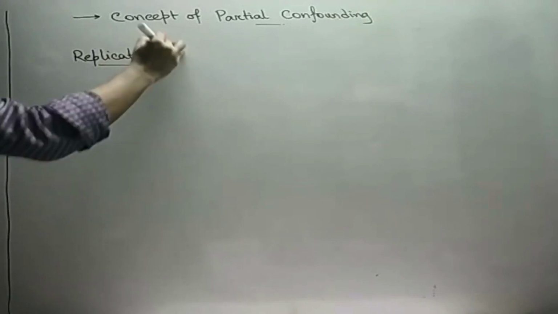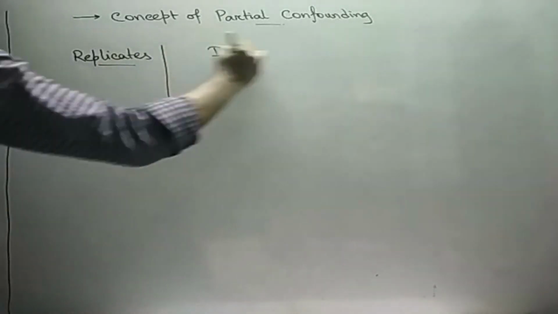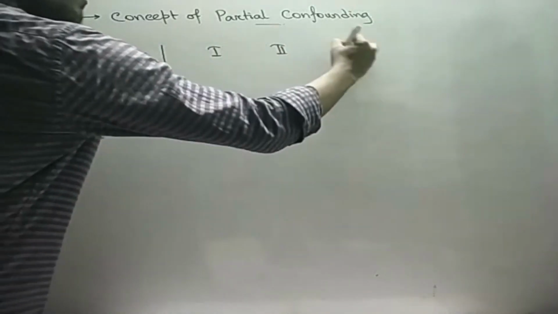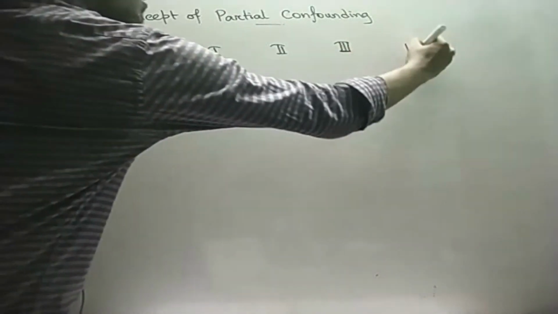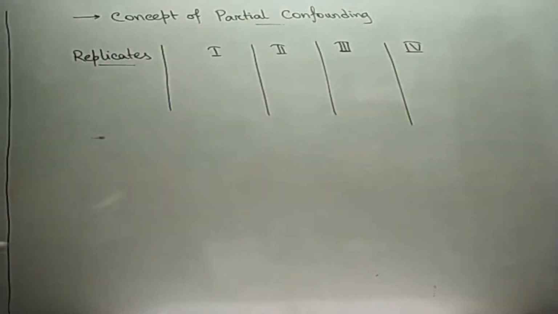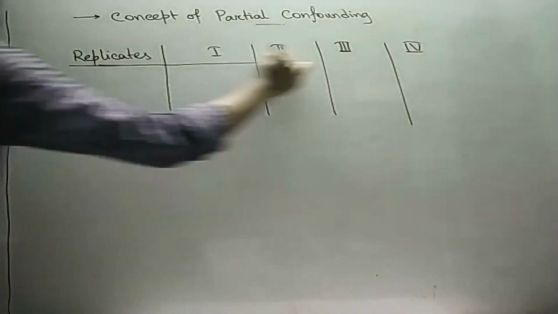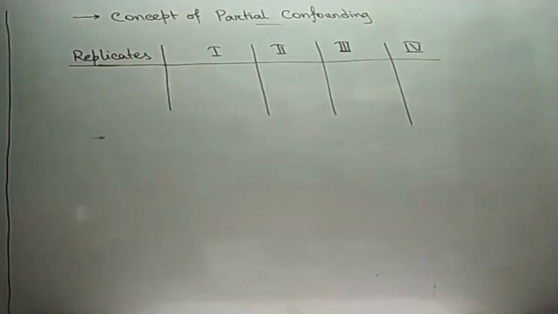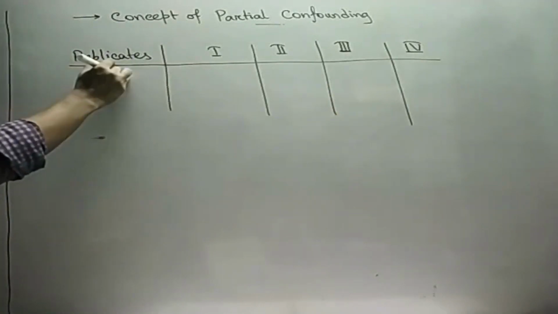Let's say we have replicates 1, 2, 3 and 4. So we have 4 replicates, and in each replicate we have 2 blocks.